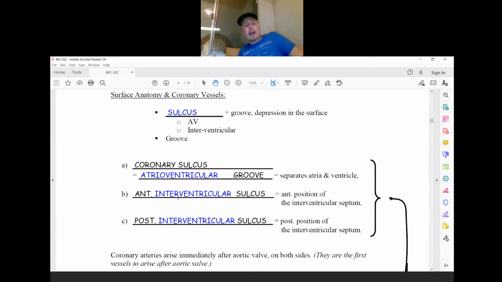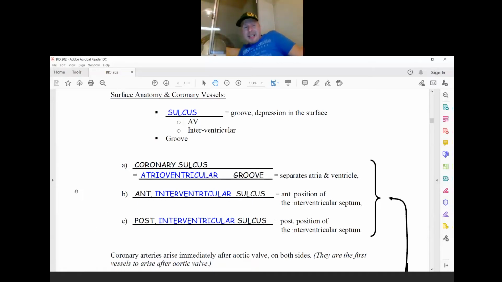We also have a depression between the ventricles, both on anterior and posterior side. This depression is known as the interventricular sulcus, so between the ventricles. And like I said, both on anterior and posterior side, so both at the front and back of the heart.